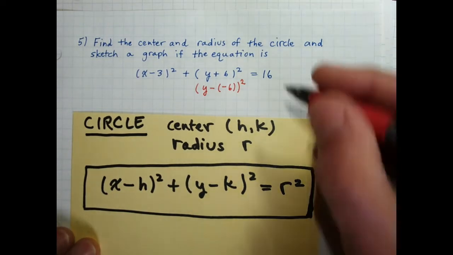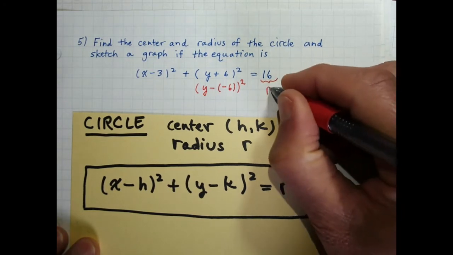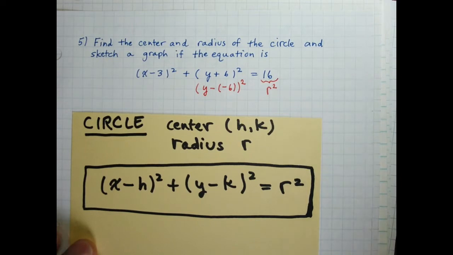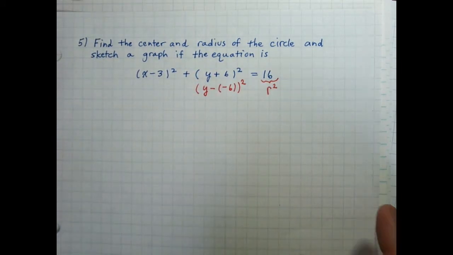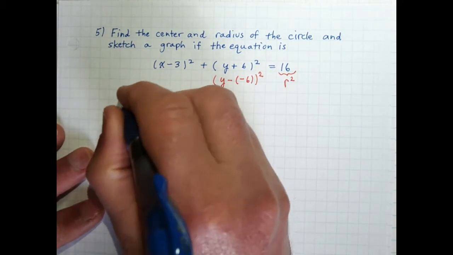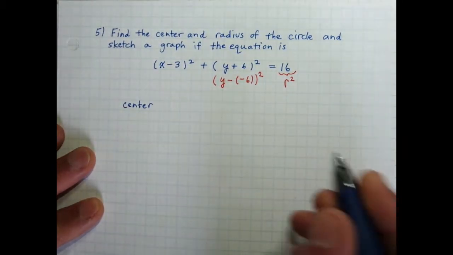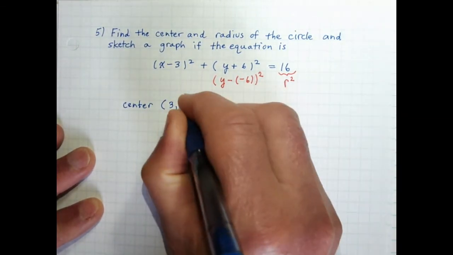And notice the number on the right, the 16. You want to think of that as the value of r squared. So the radius is not 16, but the square of the radius is 16. So let's see what we can say here. The center of the circle is (3, −6).